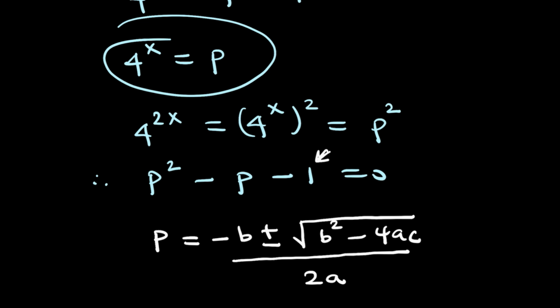Let's identify the terms. a here is 1 and b here is negative 1. c here is also negative 1.